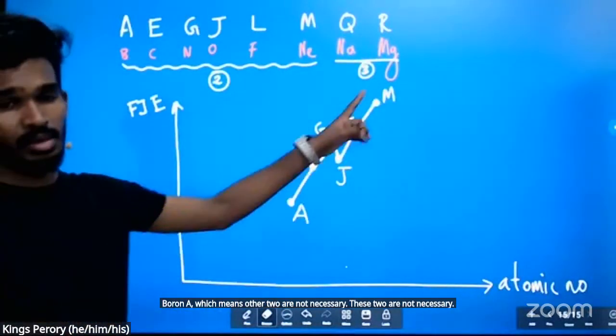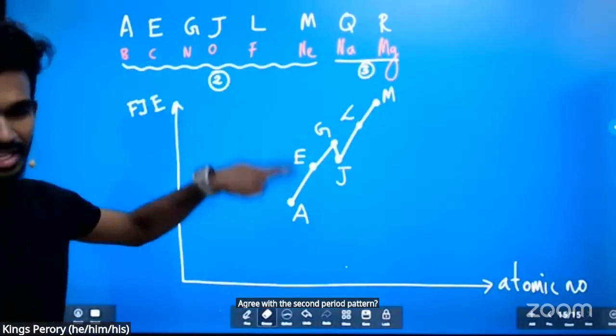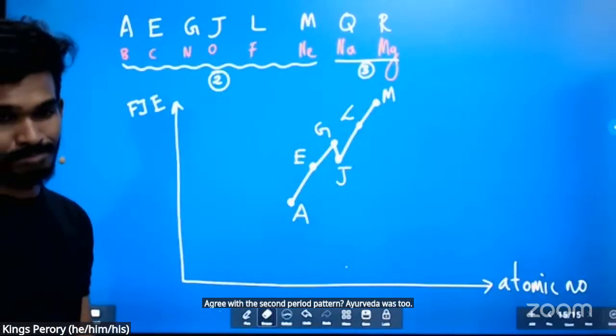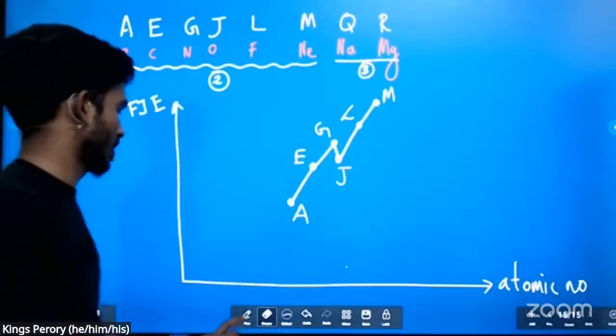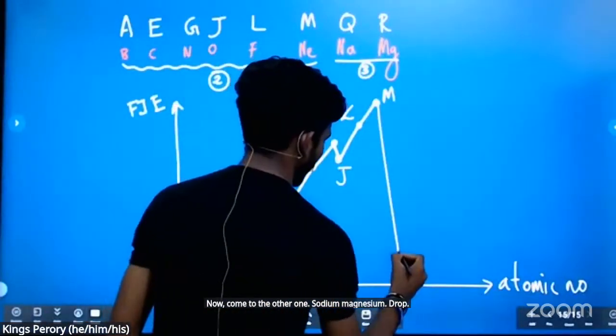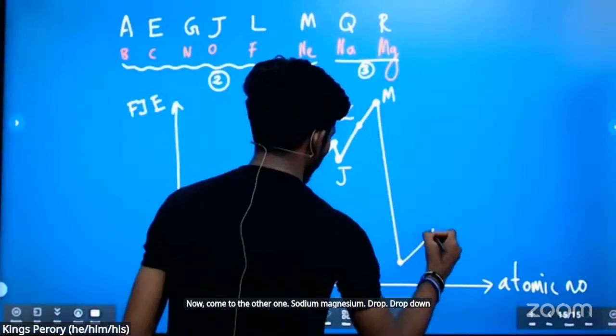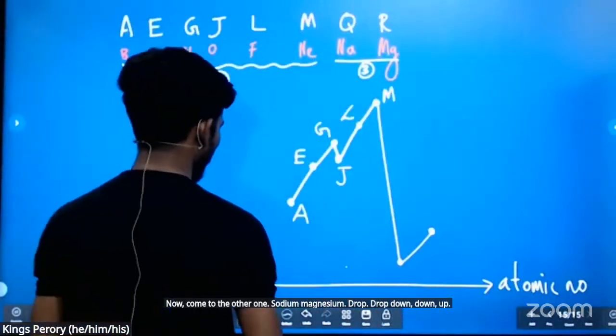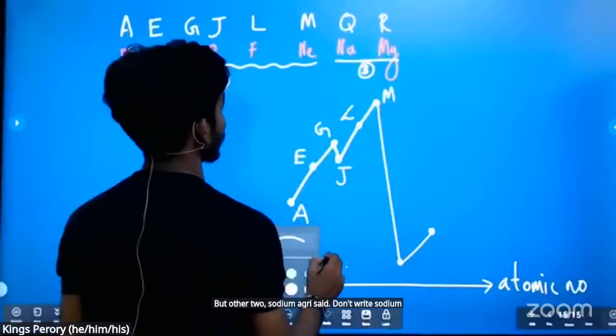Agree with the second period pattern? I erase the first two. Now come to the other one. Sodium, magnesium. Drop, drop down, down, up. What are the two? Sodium, magnesium. Don't write sodium, magnesium. What should come there?